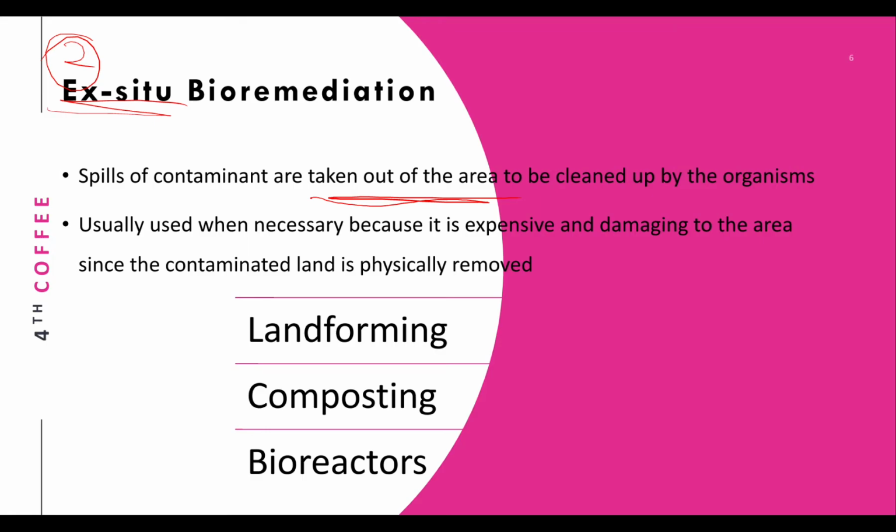We don't do that as usual as the in situ bioremediation, because it is expensive. Yeah, because it involves the cost of the transportation, because we have to take out the contaminants, and also it is damaging to the area since the contaminated land is physically removed.